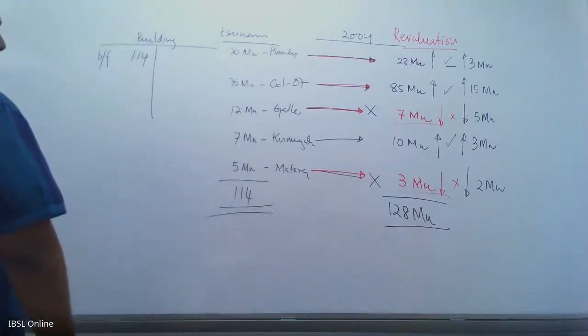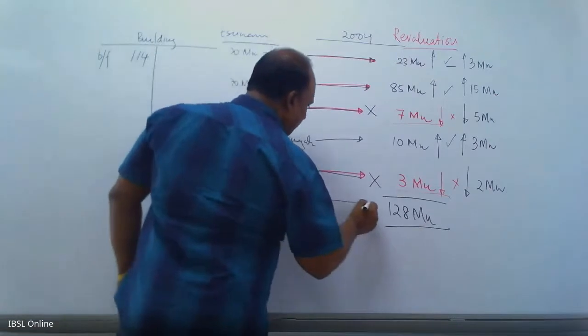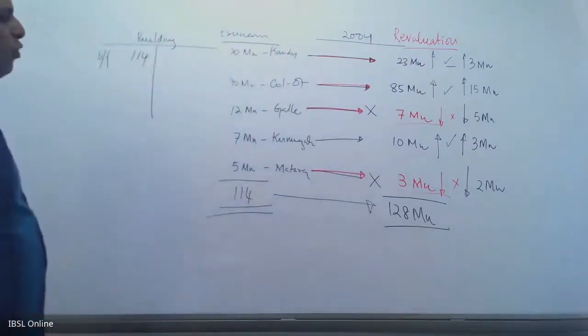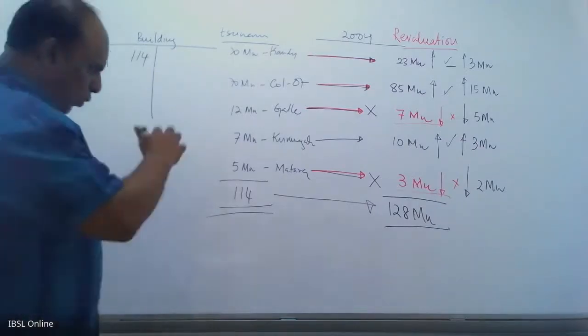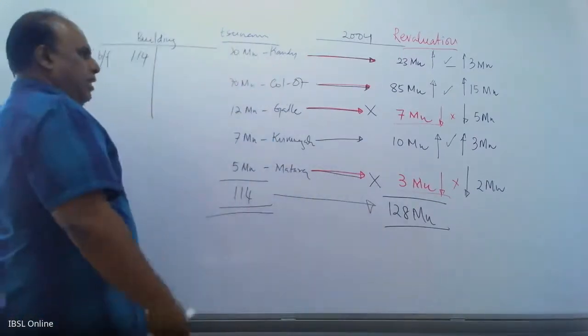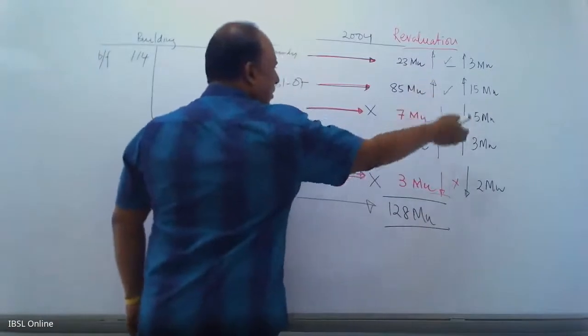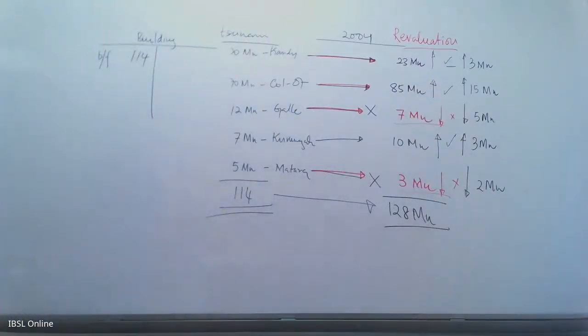Yes. Now actually, as a whole, what has happened? 114 million has gone up to 128 million. So which means this company has an overall revaluation gain. But individually they have gains and losses. Okay, gains and losses.